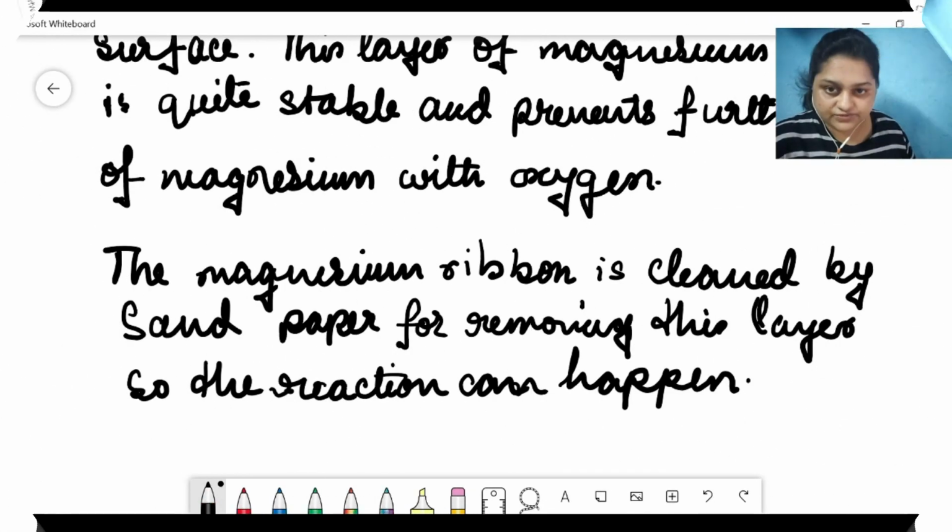The next question is from the same chapter. This one can comprise from +1 to +2 marks.